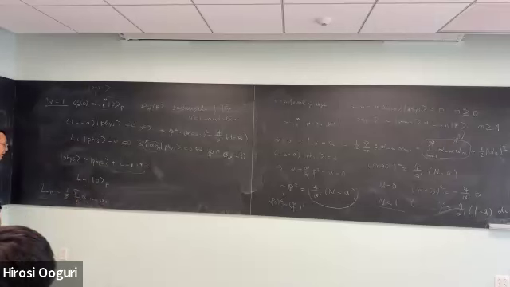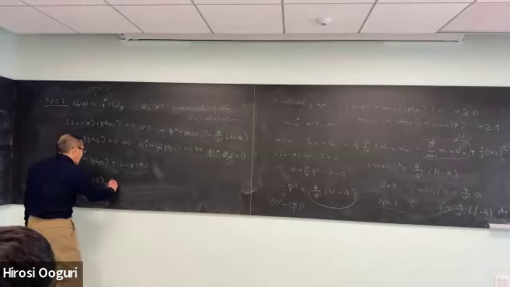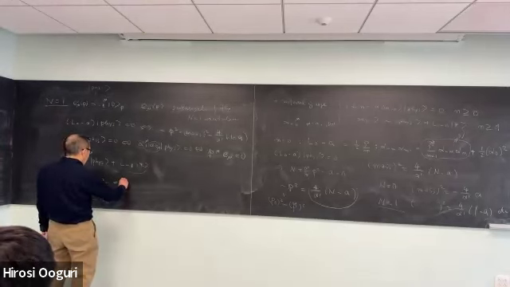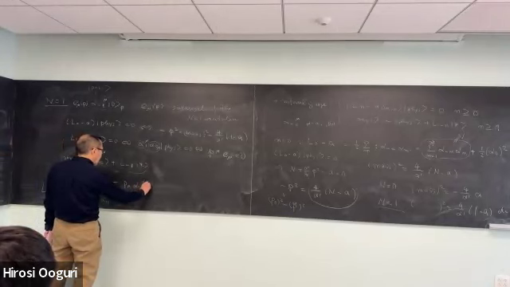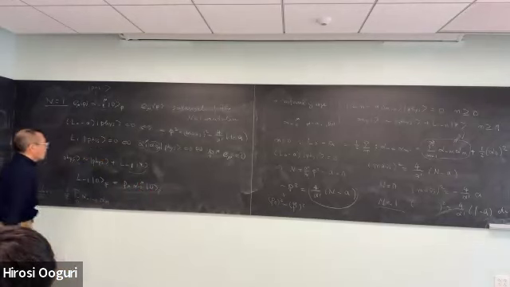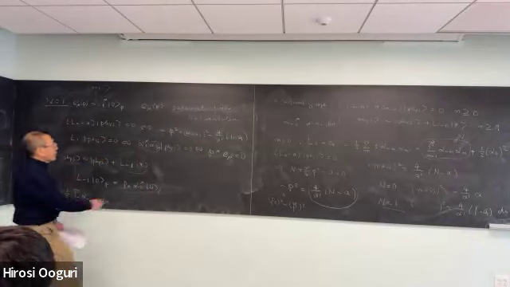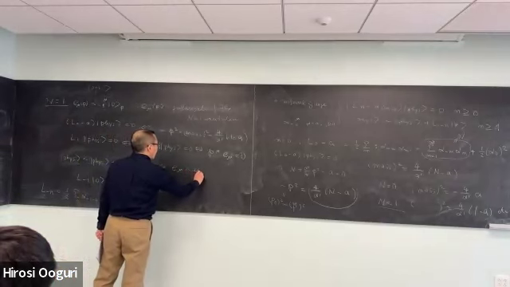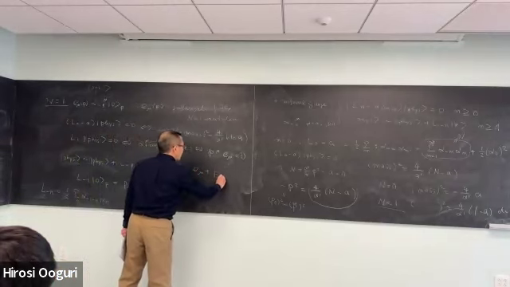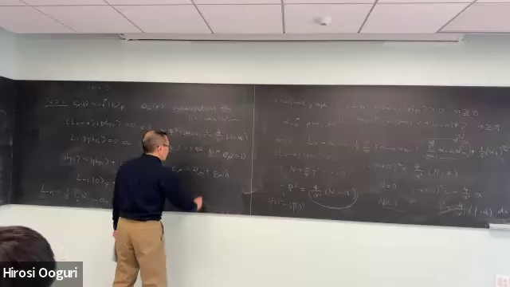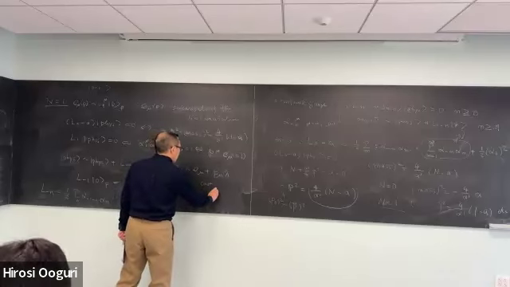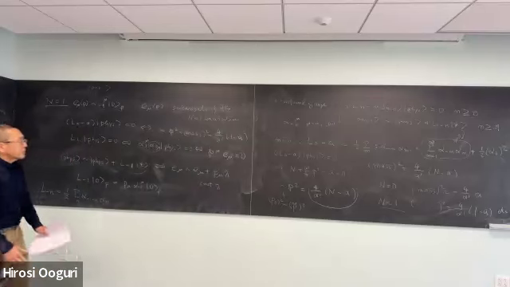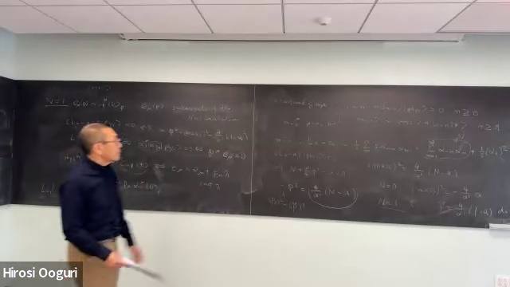So the only possibility is the case when n equals 0 or minus 1. Either case would give rise to P mu alpha minus 1 mu acting on the vacuum. So this condition is equivalent to the condition that E mu gets identified with this for some constant. Okay.